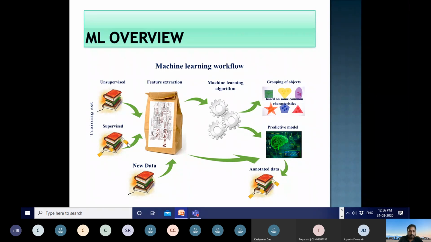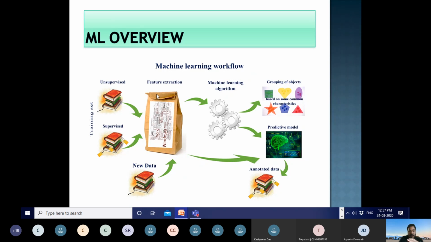So this will fall under supervised data set, but here you'll see no such tags or labels are there. So this will fall under unsupervised data set, right? That is what I want to explain to you. So overall, this forms the training set. I'll define what is training set, but now this data set will go through the feature extraction part.